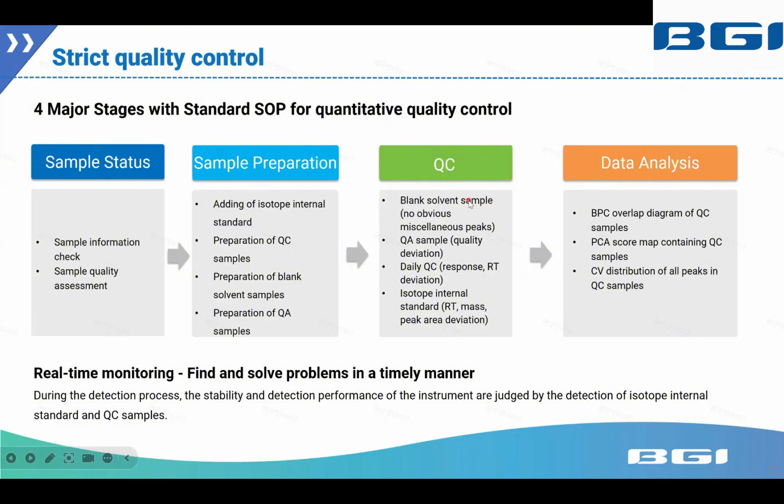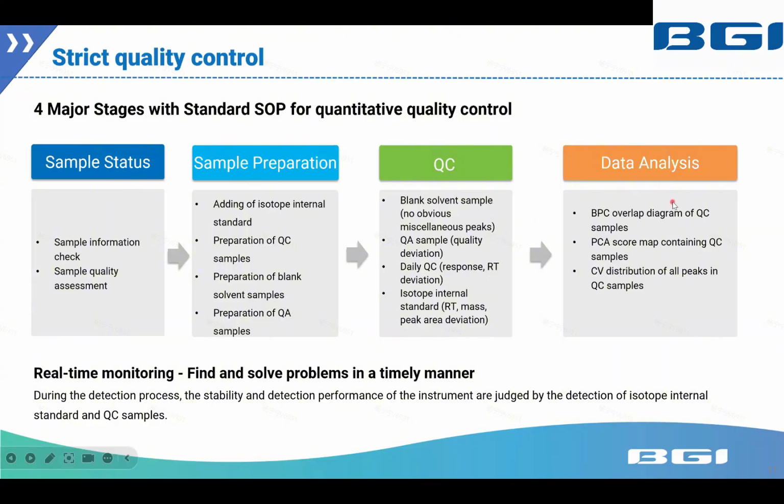Then in the quality control stage, we will use the blank samples to check for unobserved impurity peaks, and we will use the QA samples to check the quality deviations. We also use the QC samples to check the response value and the retention time deviations.